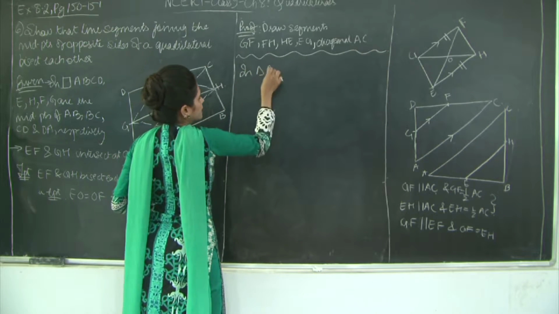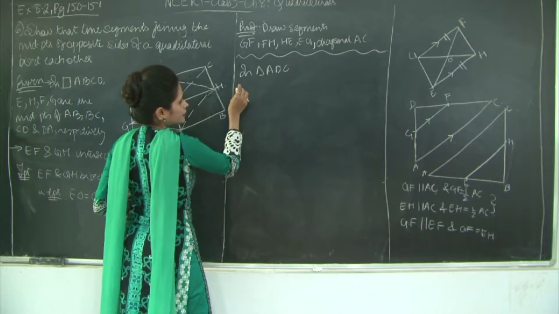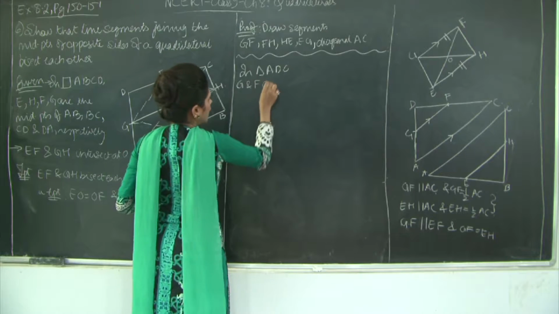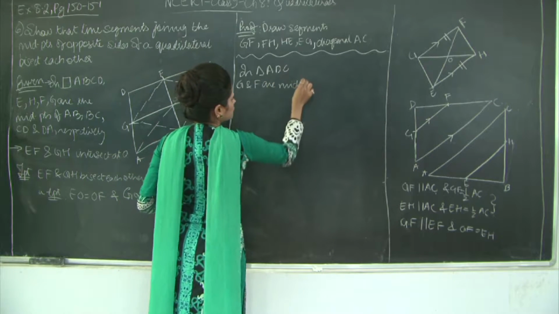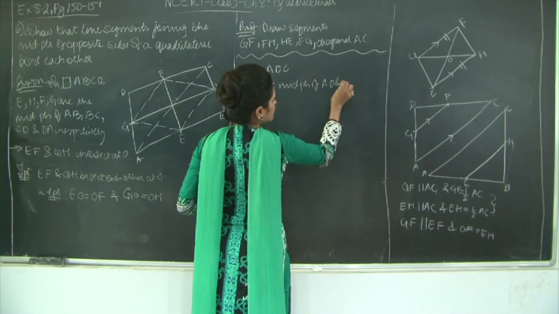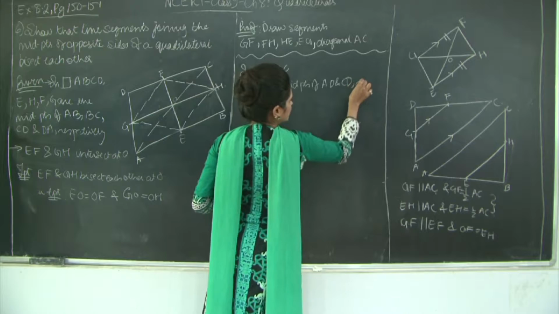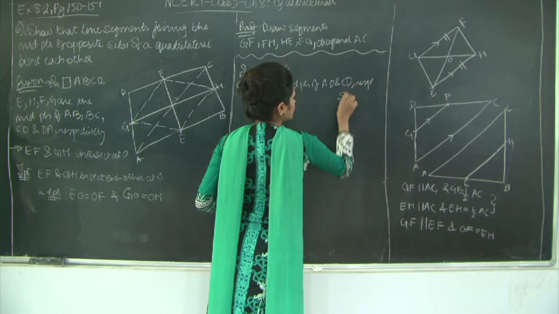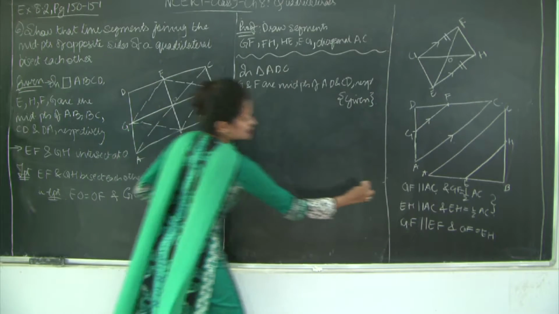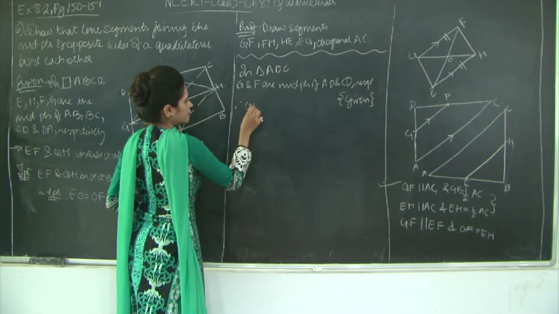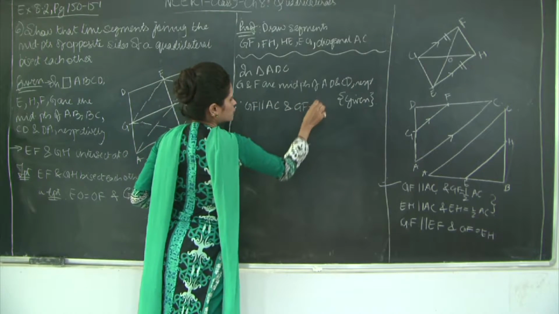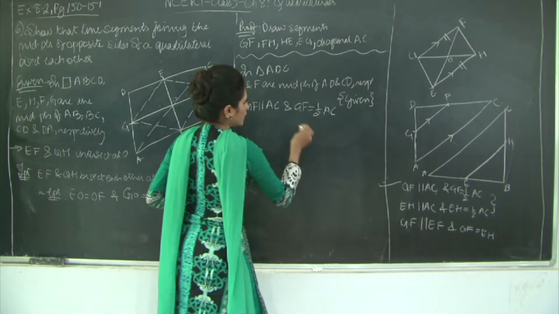In triangle ADC, G and F are midpoints of AD and CD respectively. This is given. Therefore, GF is parallel to AC and GF is equal to half of AC. Why? Midpoint theorem.